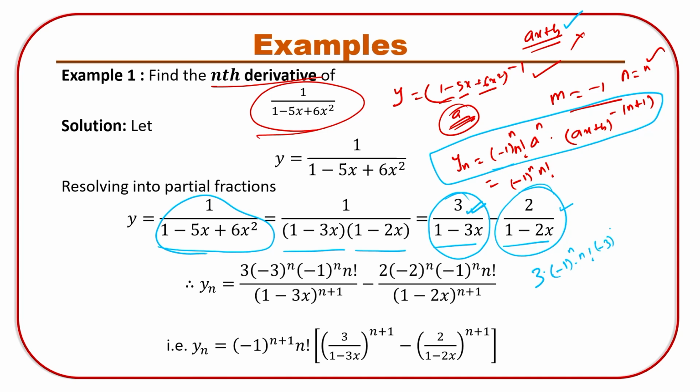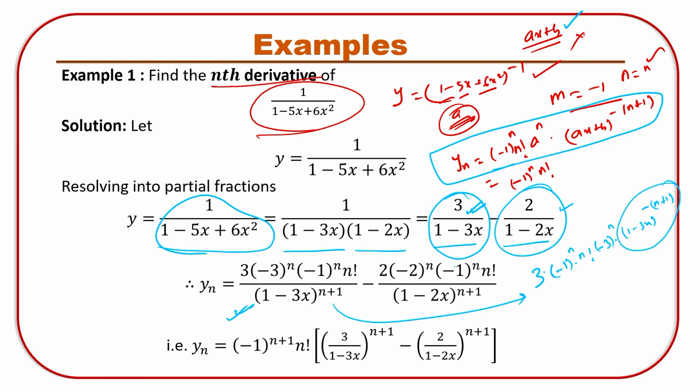-3 to the power n, right? (ax plus b) equal to 1 minus 3x, and the power is minus n plus 1. That is 1, right? This is the same thing written here, because this is nothing but 1 divided by (1 minus 3x) to the power n plus 1.